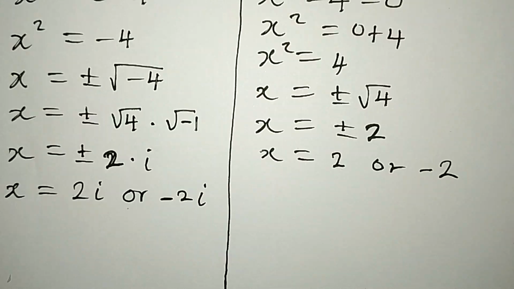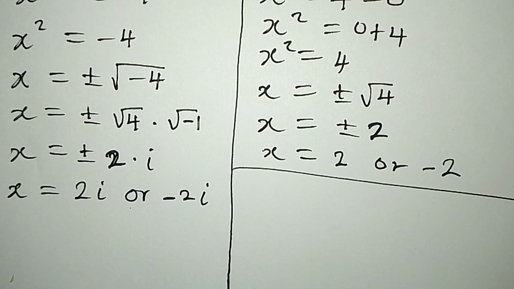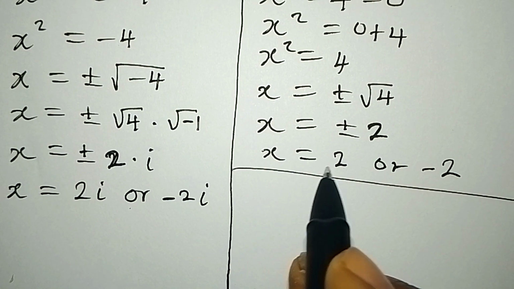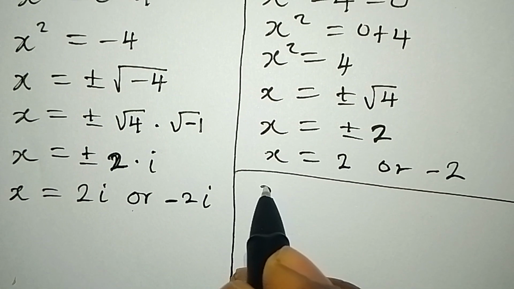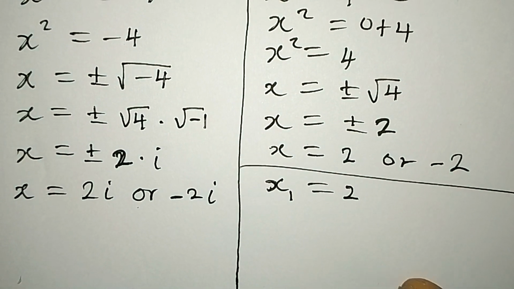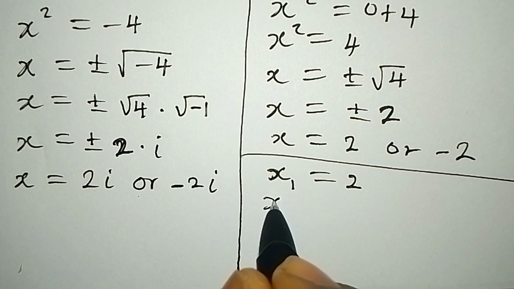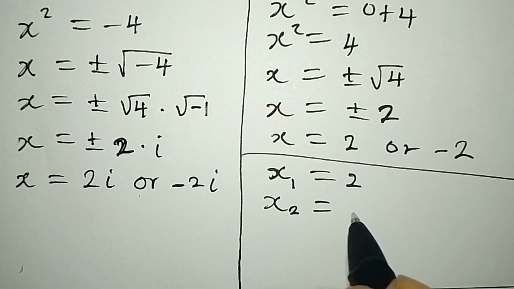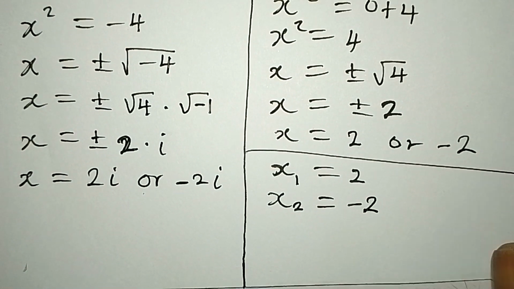Now let's bring the four solutions together. So let's call this our x1 and our x2. Our x1 is equal to 2, and then our x2 is equal to -2.